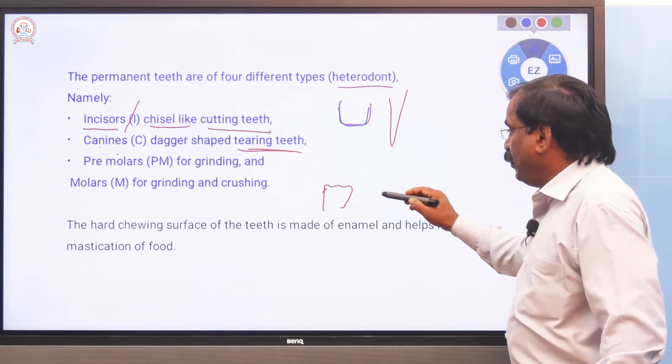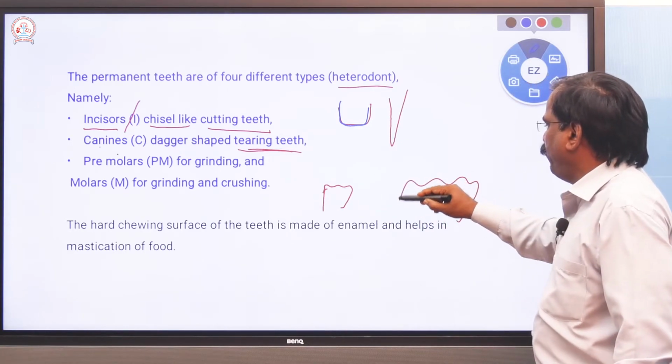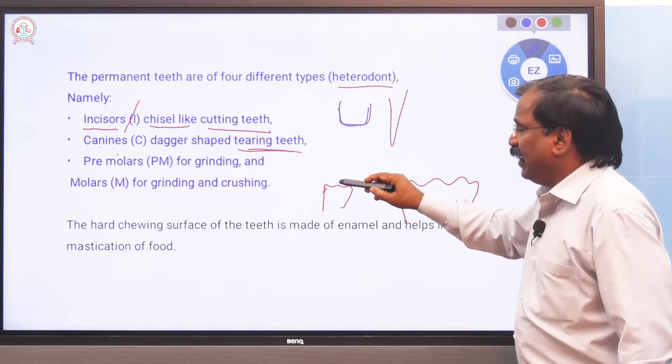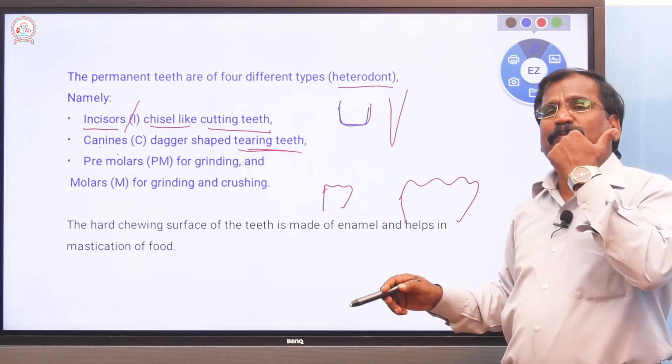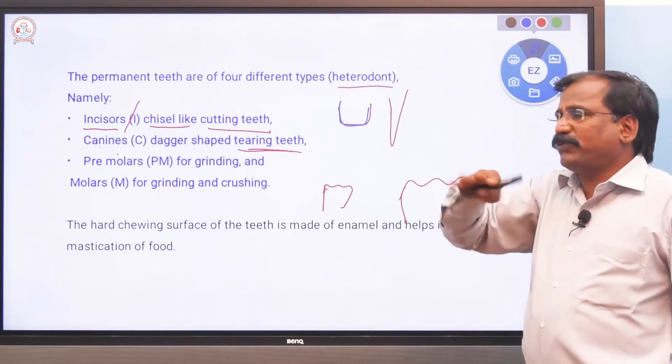Imagine this is a premolar and this is a molar. The upper surface has ridges and furrows.